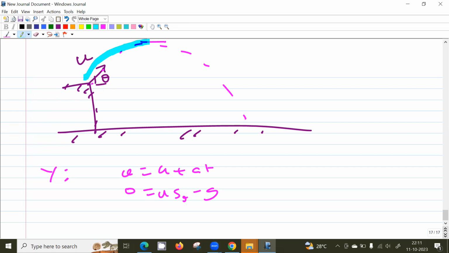So I put that time t1 because this is written between these 2 points. This is the initial point and this is the final point. At the final point, v is 0. At the initial point, u is the vertical velocity, that is u sin theta, and acceleration is minus g. Okay, and the time is t1. So from this, I'll get t1.